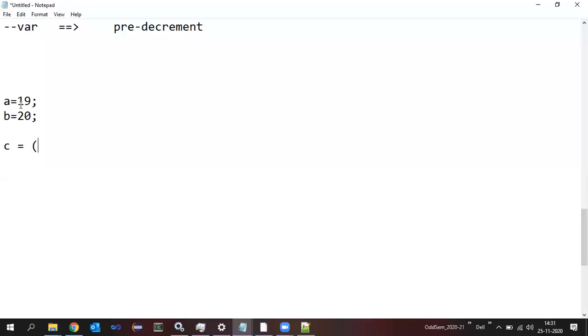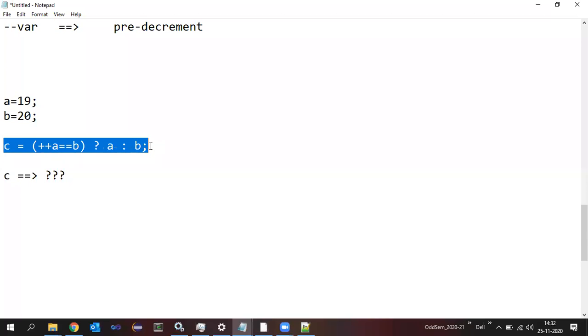A is 19, B is 20. C equals plus plus A equals equals B, question mark, then A, then B. Now, what will be the value of C here? This is the input, and this is the question. A value is 19, B value is 20.